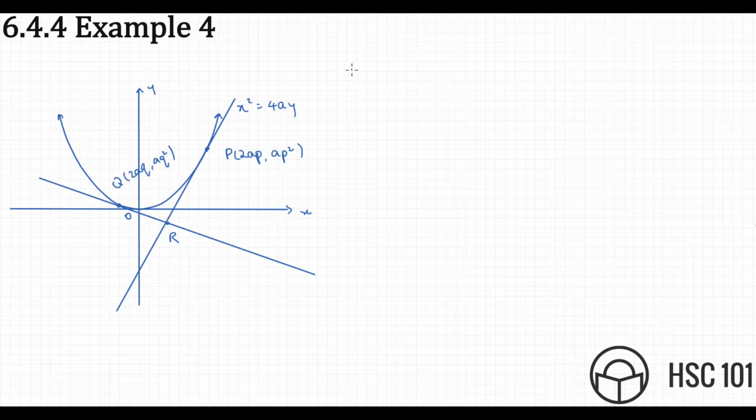So that's something that I'm going to skip because I've done that numerous times before already. So to start, the proof for the tangent at P (ap, ap²) obviously starts off with dy/dx. After you've got the gradient, just go with y - y1 = gradient times (x - x1). And that's going to give us the equation y = px - ap².